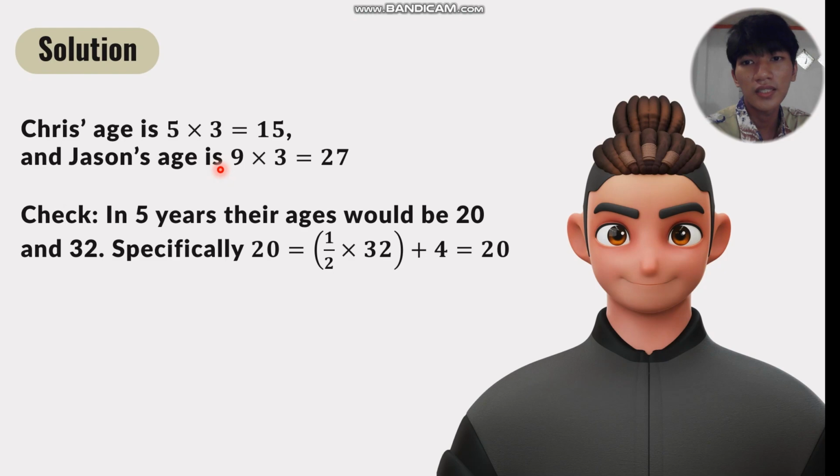And Jason's age is 9 times 3 equals 27. Check: in 5 years, their ages will be 20 and 32. Half of 32 is 16, plus 4 is 20.